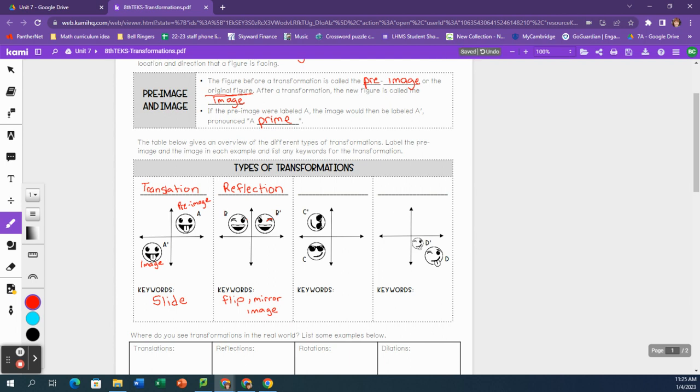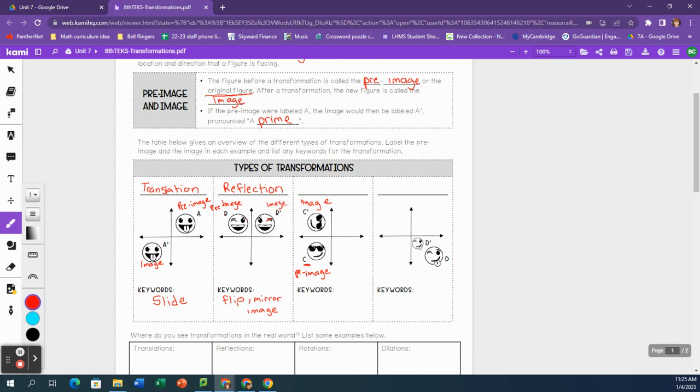Now, this one, what do you think is happening here? Can you think about what could have taken place? It's not a slide because we're not in the same direction. Here's the original picture. See how it doesn't have the little apostrophe? So it's not C prime, it's C. This is the pre-image, and this is the image.